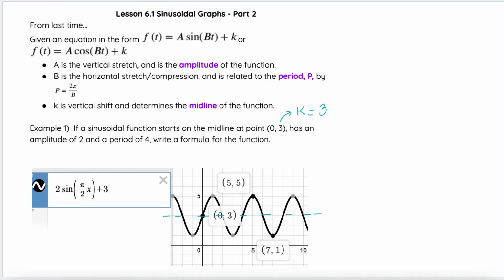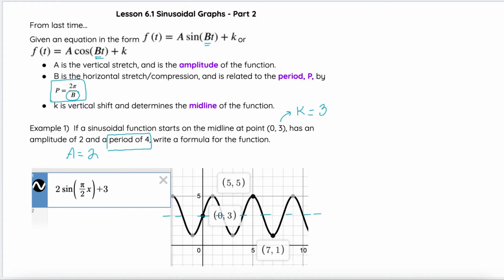We know that our amplitude is 2, so we already know that a is 2, but it has a period of 4. But notice that even though our period is 4, we need what is the b value for inside our function itself.